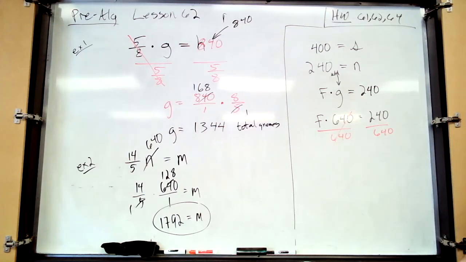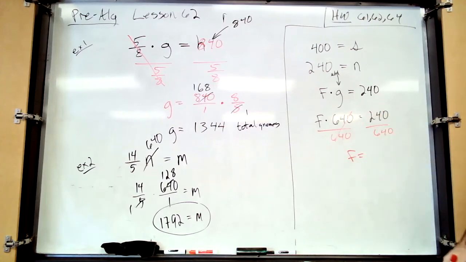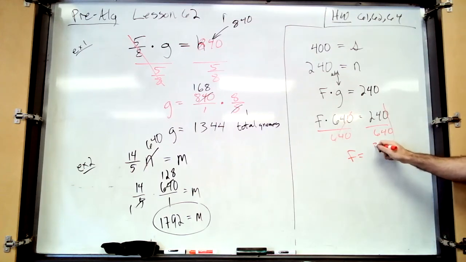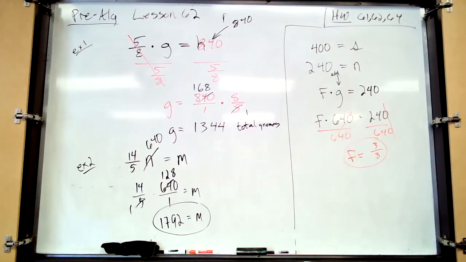Okay, so now we just reduce this because we're asking for a fraction. So you can reduce it by that. What else goes into 24 and 64? 8. 8 goes in 3 times and 8 times 8. No, 12 doesn't go into 64.